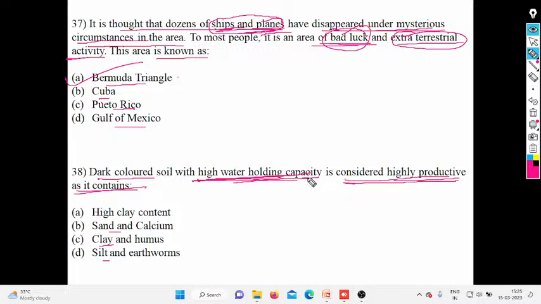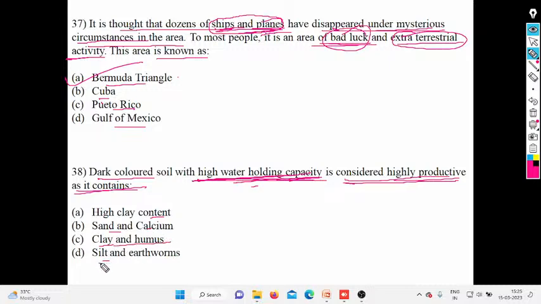Soil with high water holding capacity is highly productive.